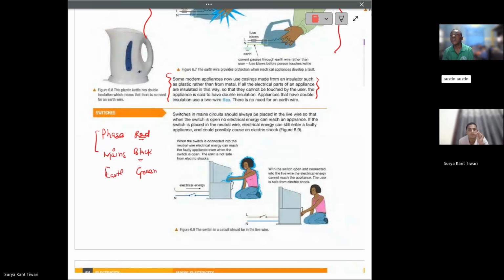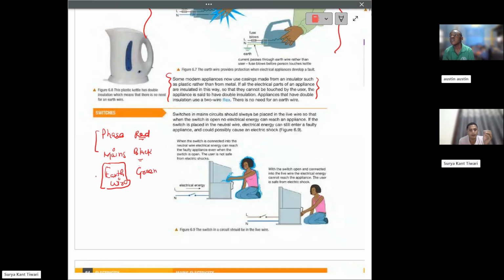This earth wire is there to protect the person using the equipment by, you can say, dumping the current so that the current doesn't reach his body. Got it? Just remember like this: it prevents the person from getting shock by using the device.